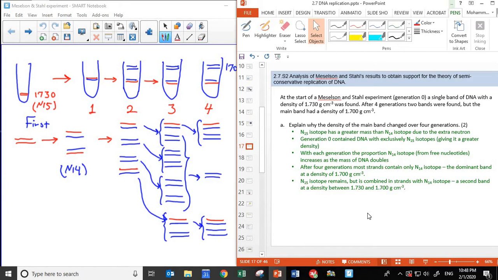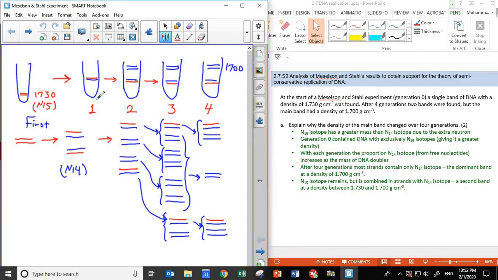Okay, I hope you have already thought completely about how to answer this question. It's very clear that if you go back to this drawing, you will find the answer. Why the density of the main band changed after 4 generations is clear, because every time there is a separation of the DNA strands, and in the first generation we will have only this type of the DNA strands, and then in the second generation we will have this type.